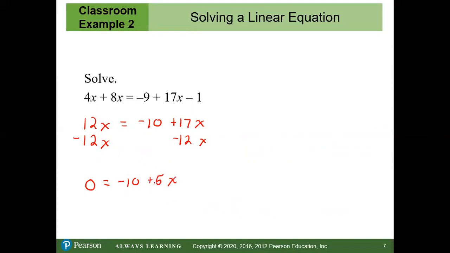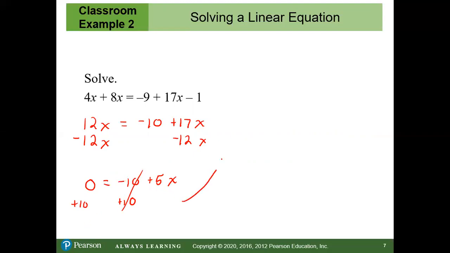And now that we have our variable on just one side of the equation, we can start to isolate our variable. We can actually start to solve this algebraically by completing the inverse operations to what we see here. So this is negative 10. This needs to go away first. So I'm going to add 10 to both sides because negative 10 plus 10 is 0. So these will cancel each other out.